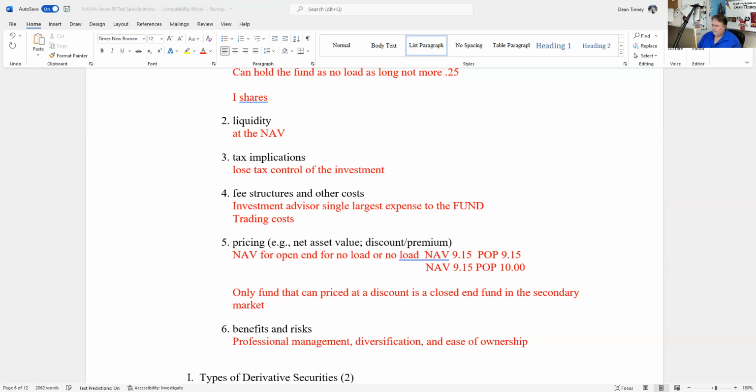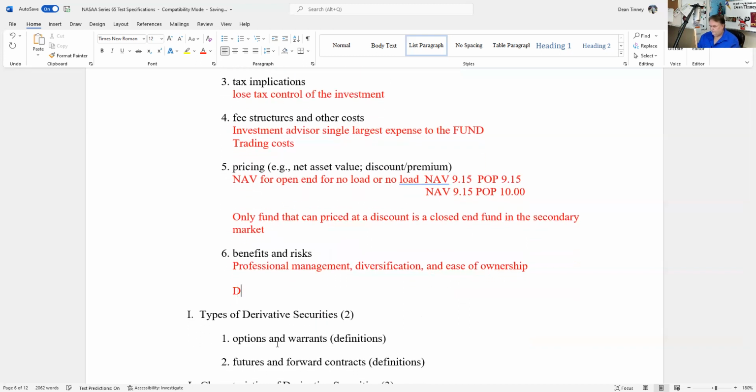Now, remember, very testable, since we're going to get this diversification in a mutual fund, we're going to reduce or avoid selection risk, also known as non-systematic risk.